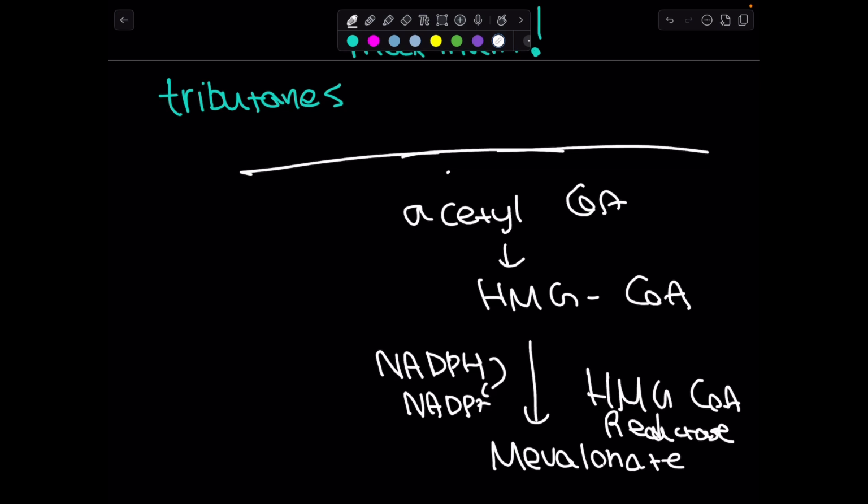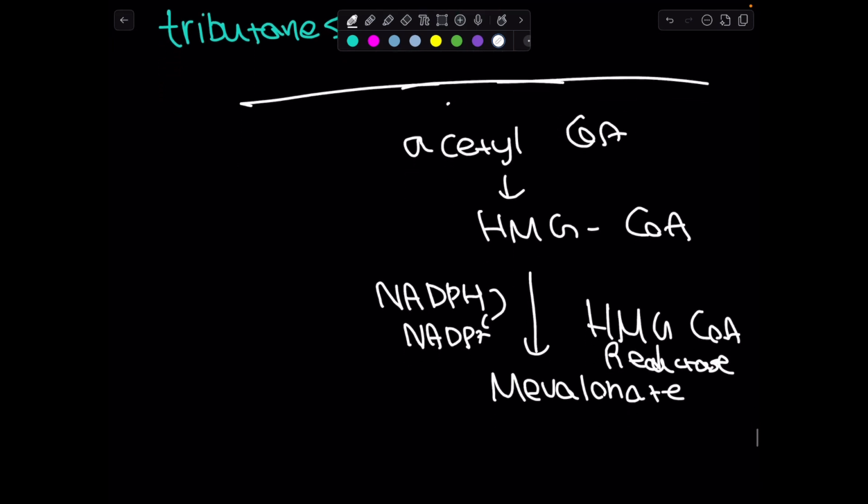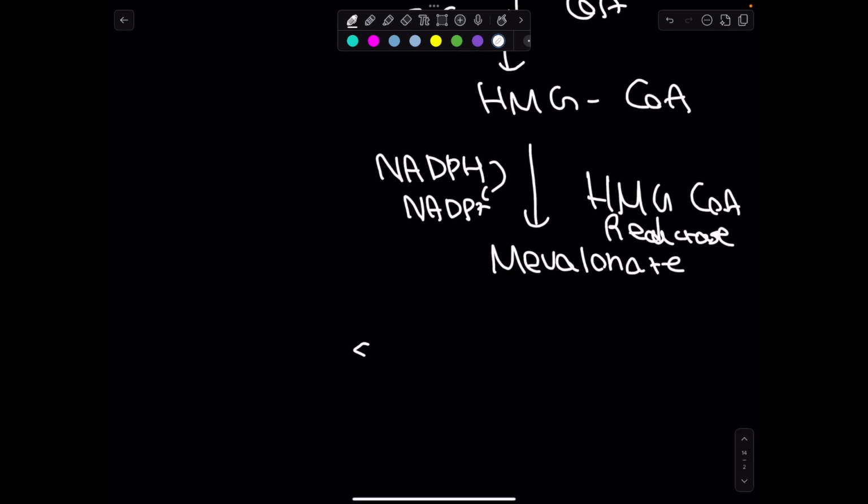HMG-CoA reductase then converts HMG-CoA to mevalonate, a critical step using NADPH to reduce the molecule. This is the rate-limiting step, tightly controlled because it commits the pathway to cholesterol production. And then it becomes squalene and lanosterol.